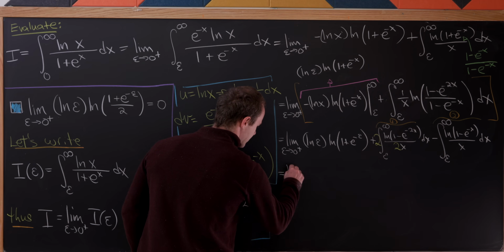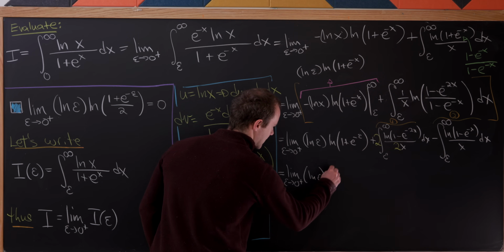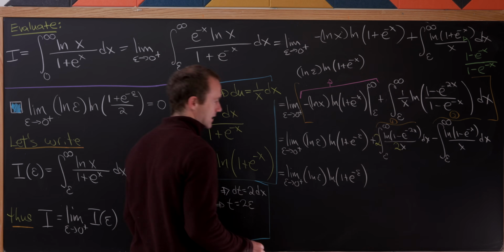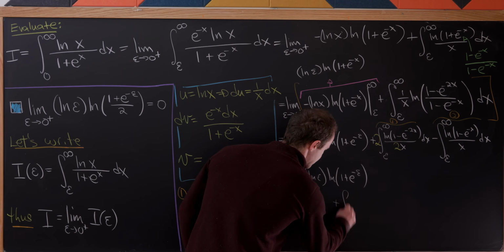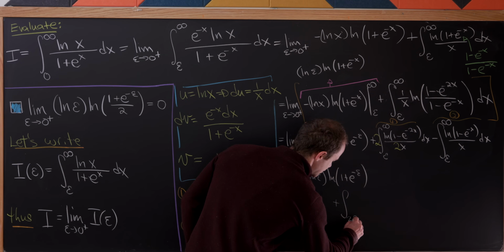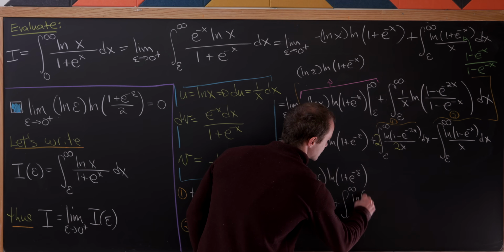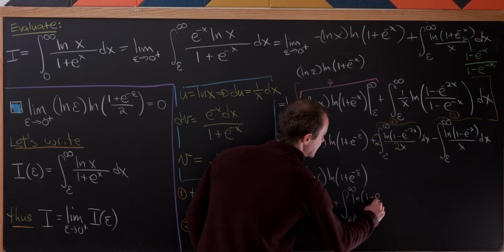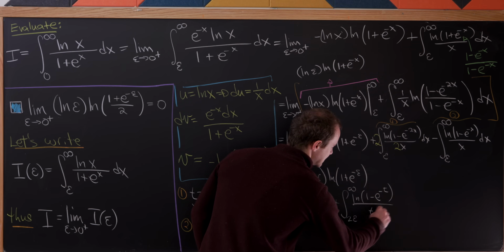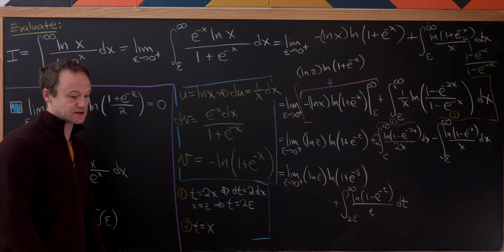So bringing this down, we have the limit as epsilon goes to 0 from above, natural log of epsilon, natural log of 1 plus e to the minus epsilon. And then this first integral will turn into the integral from 2 epsilon up to infinity of the natural log of 1 minus e to the minus t over t dt. Okay, so like I said, that's what the first integral turns into.